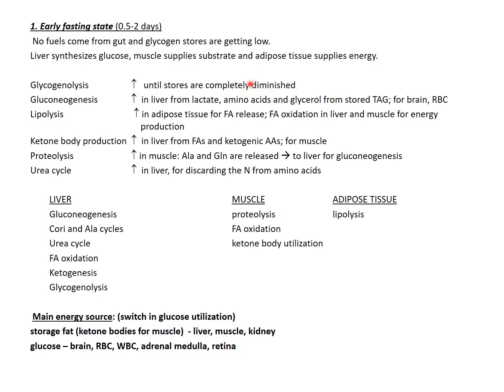So this is why I put here, anti-stores are diminished. Gluconeogenesis is upregulated. Lactate, more amino acids, and glycerol, because now fatty acids are released by the adipose tissue. Fatty acids are coming to the liver for beta oxidation and supplying energy for gluconeogenesis.